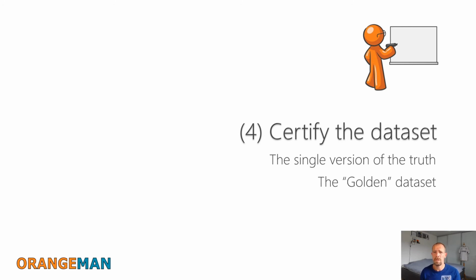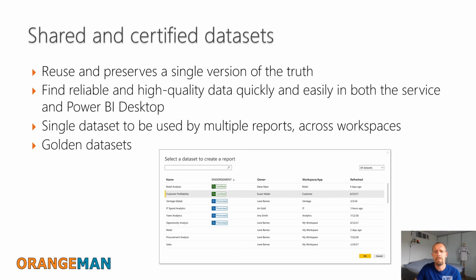Maybe you have a workspace called certified datasets or IT managed datasets, and then put it there. That's one way, so people can see, oh, they're coming from this workspace, then we know that we can trust this data. But you can also take it a step further, because you can use a feature called shared and certified dataset.